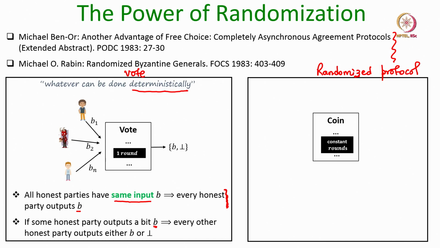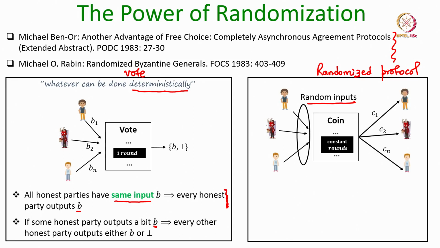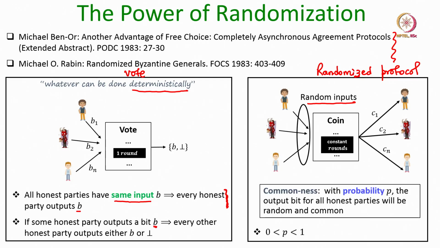It requires a constant number of rounds, and here the parties do not have any external, specific inputs. That means they start this primitive, and as part of the protocol they will toss random coins. Each party will toss some random coins, and after interacting for a constant number of rounds, each party will obtain an output, a bit. Okay. Now, what are the security properties?